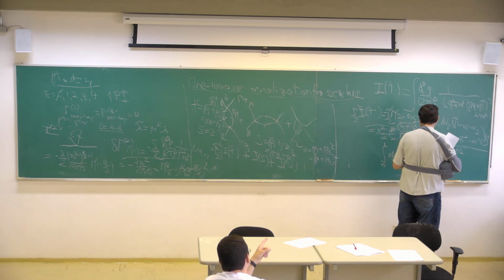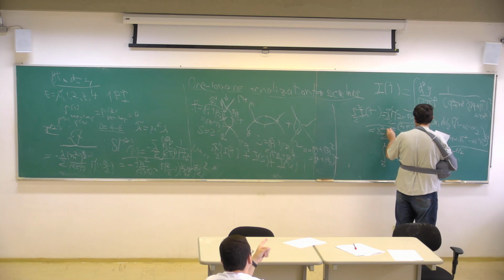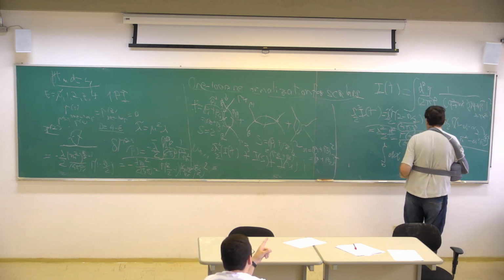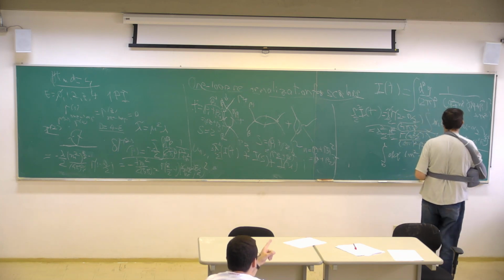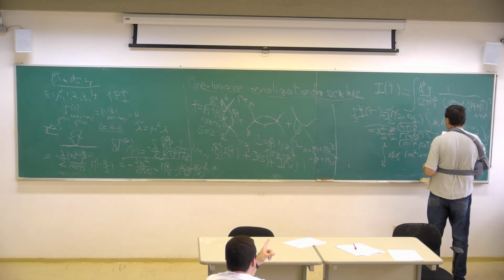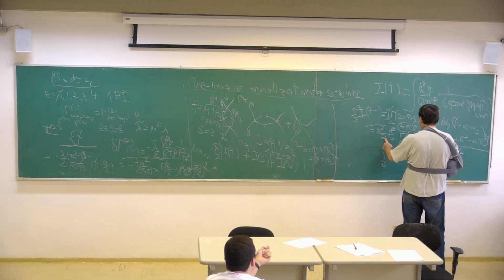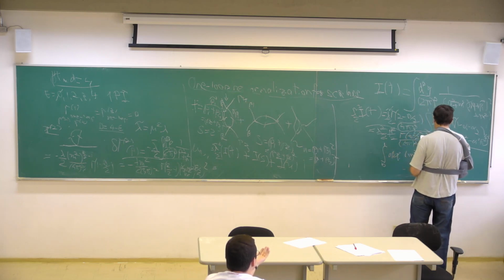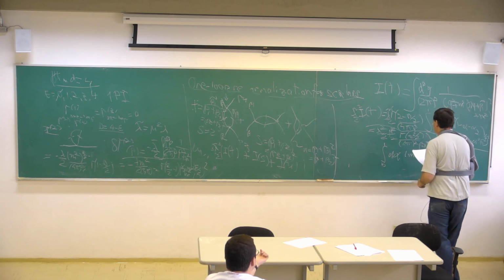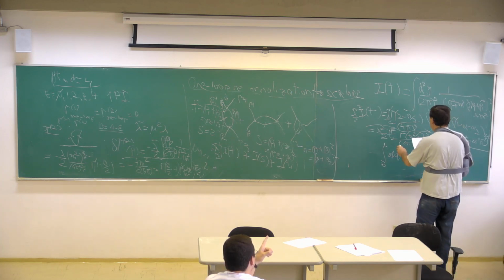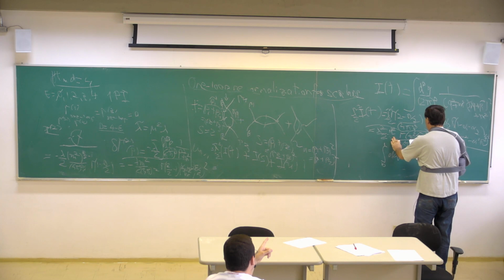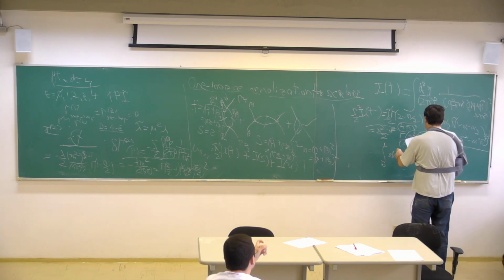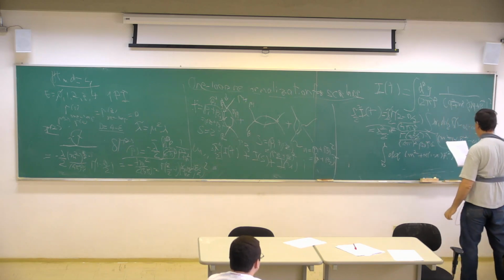And there is an extra 2 in the denominator also, I think. This one? Yeah, one of the twos is simplified, and then you put it again when you put the scale. You just substitute what lambda is. It doesn't have this extra 2. Yeah.